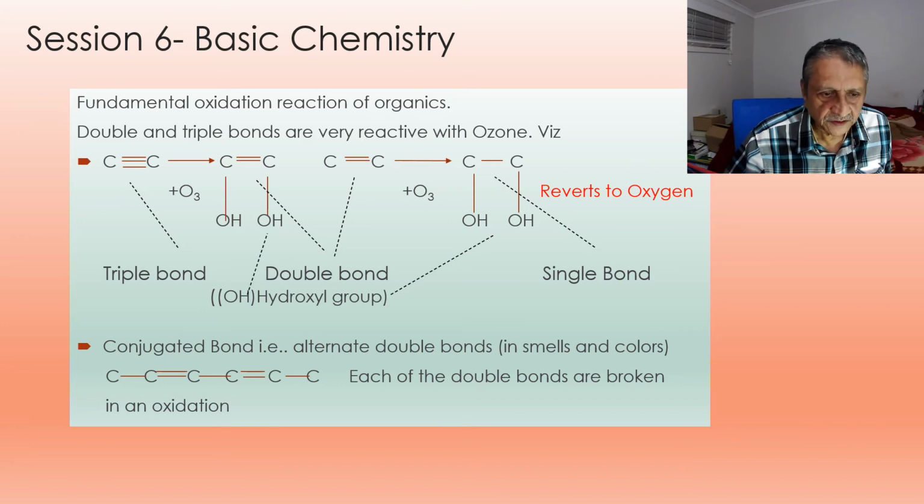These conjugated bonds are found in smells, and in colors. Each color or each smell has got a specific set of single or double bonds in a conjugated form, and each structure has a different smell.